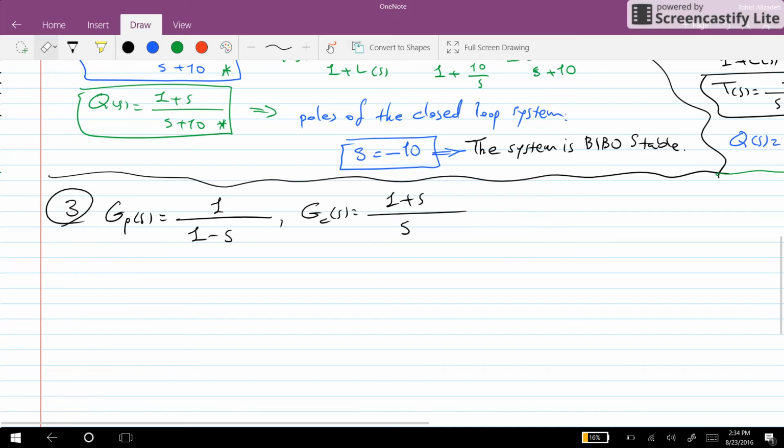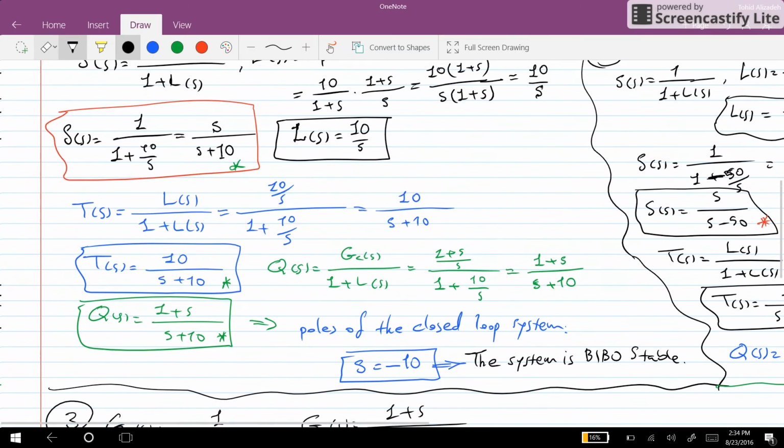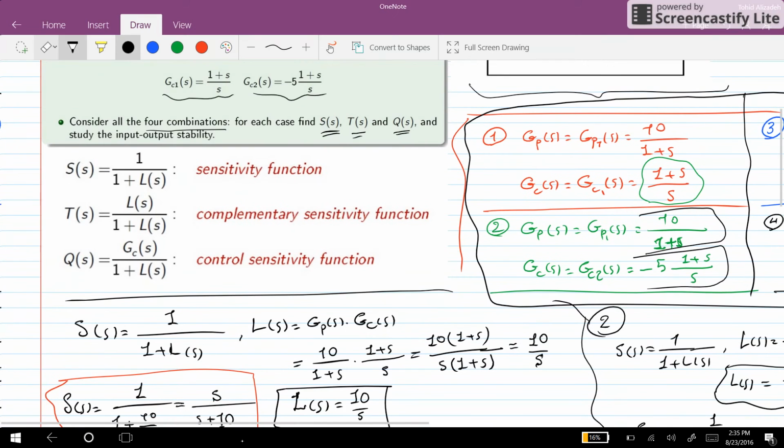Now I can form again the sensitivity function, as we already have seen it here.